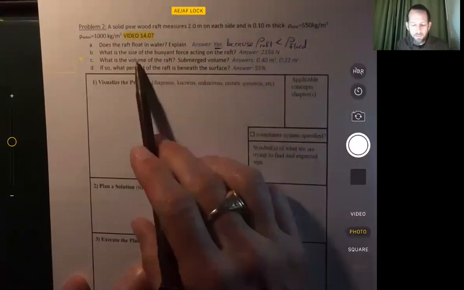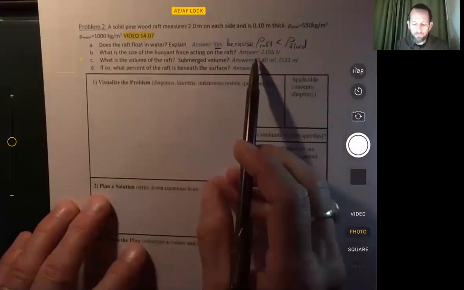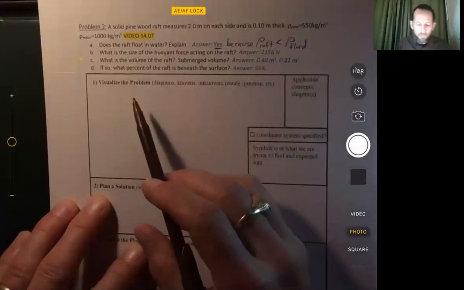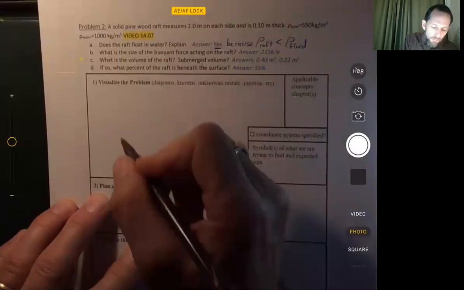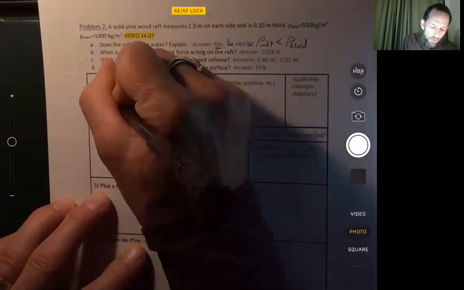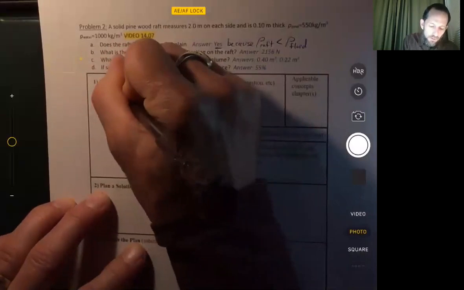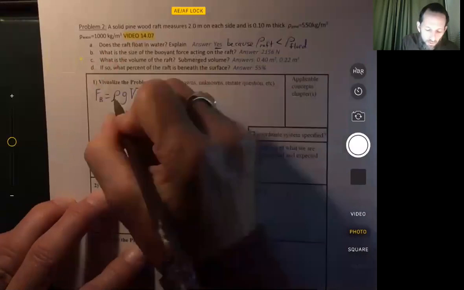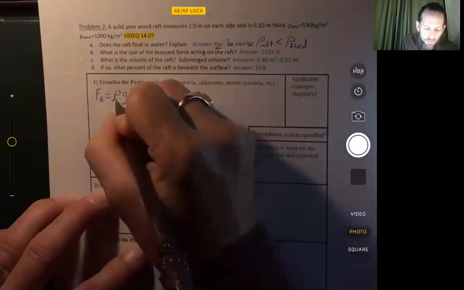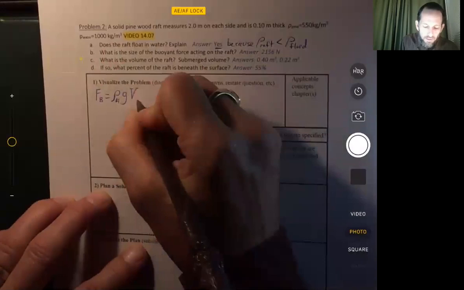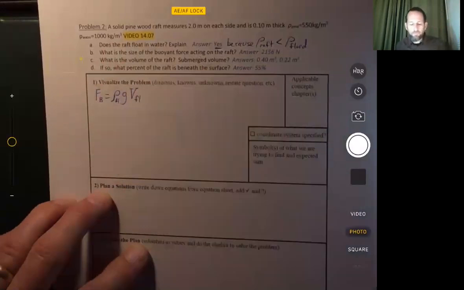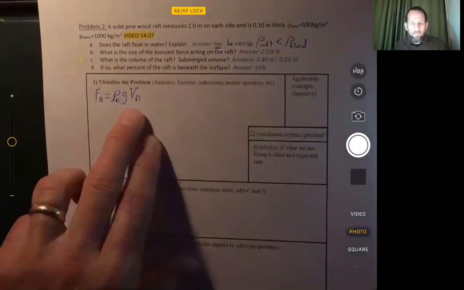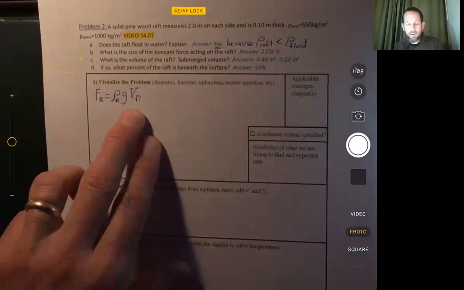What is the size of the buoyant force acting on the raft? Well, we know that buoyant force is equal to rho times g times v. And you need to remember that rho is the density, not of the object, but of the fluid, and the v is not the volume of the object necessarily.